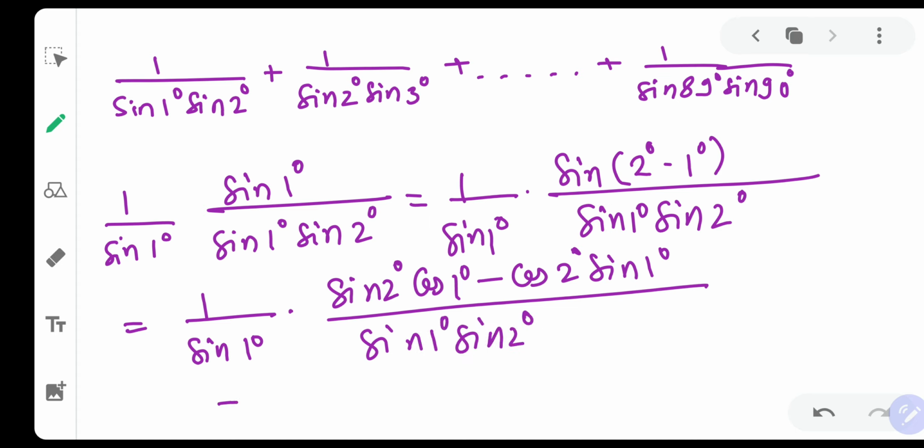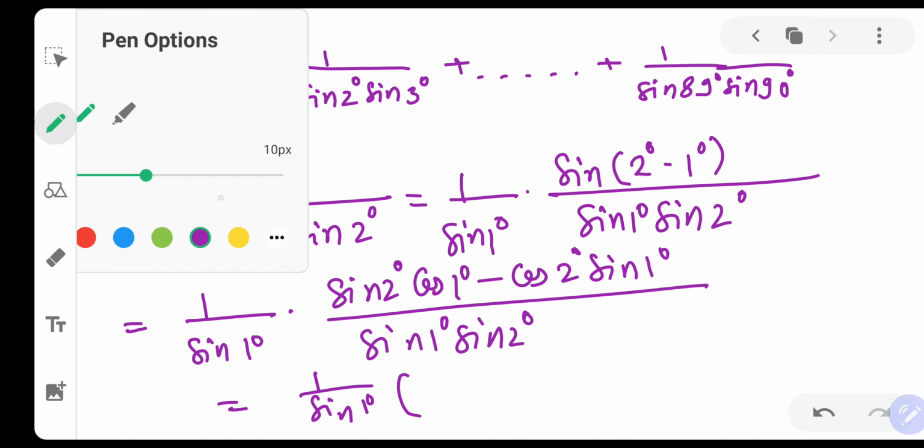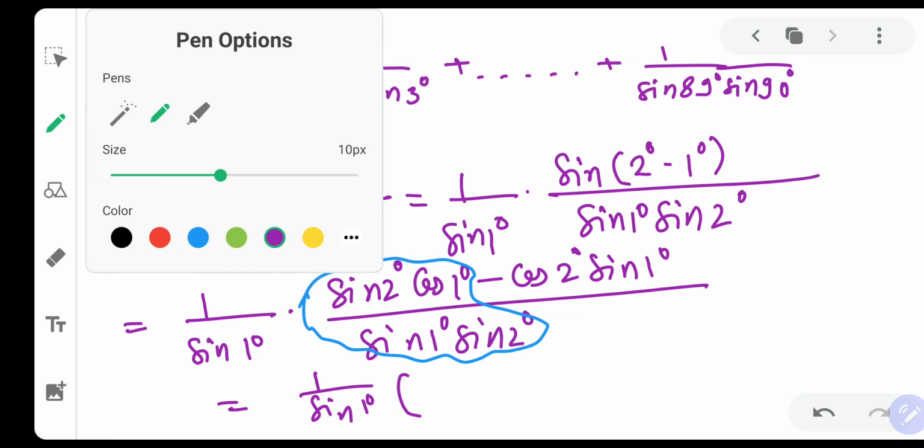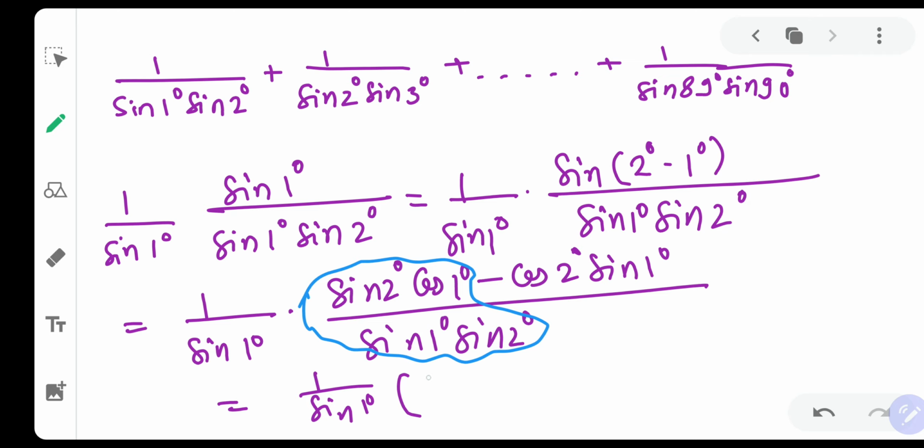Now this can be simply split. Sine 2 degree will cancel and we will get cot 1 degree. The other part, sine 1 degree will cancel and it will give us cot 2 degree. Very well, so the first term is solved.